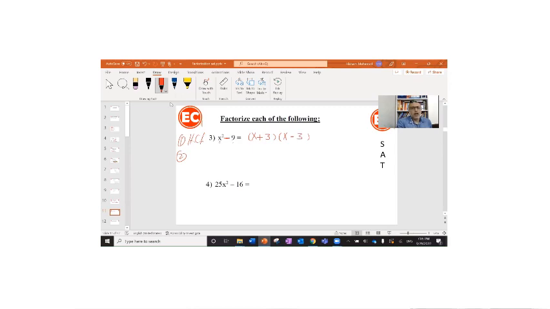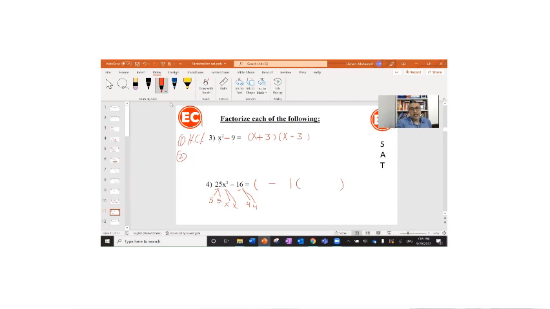That's it. For number 4, 25x squared minus 16. 25 and 16, there is no highest common factor. And 25 is 5 by 5. And the x squared is x by x. And 16 is 4 by 4. So now it's a difference of 2 squares. Open 2 brackets.